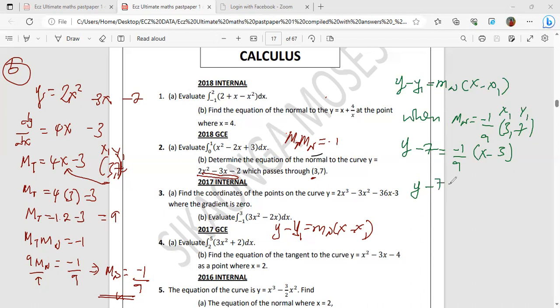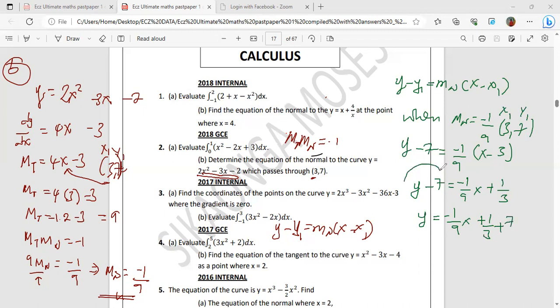So y minus 7 there equal to, you can now multiply through that, plus, so this one you can reduce it, 3 and 1. So we're going to get 1 over 3. So y is equal to negative 1 over 9 x plus 1 over 3 plus 7.